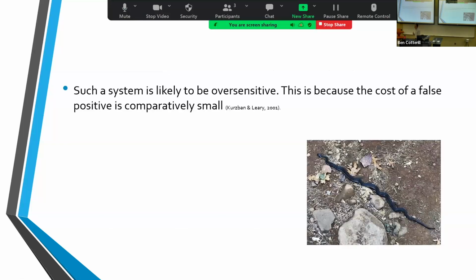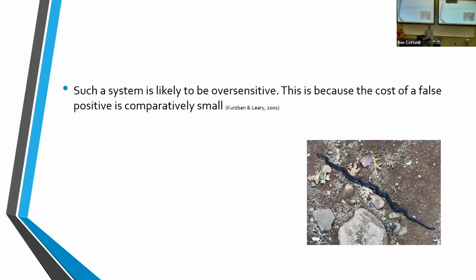And what the researchers argue is that this system is likely to be, in many cases, hypersensitive or overreactive, because the cost of a false positive is relatively small in comparison to not responding, okay? We can look at, as an example, the fear of snakes that many people have and how overreactive people are in many cases when they see something that just resembles a snake.